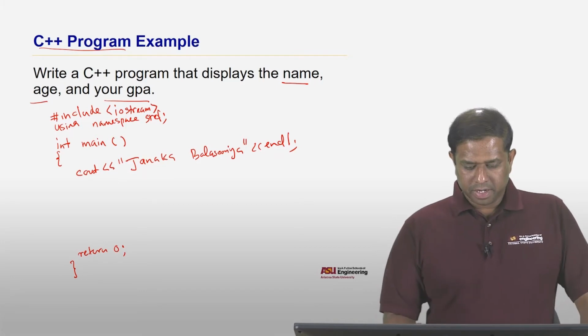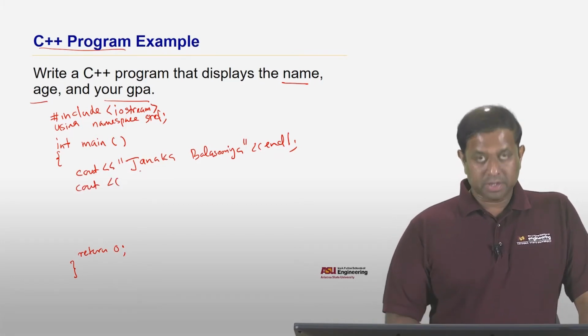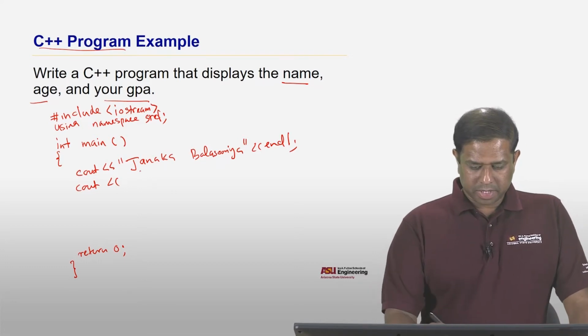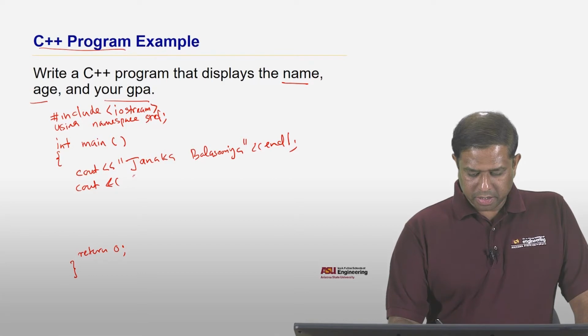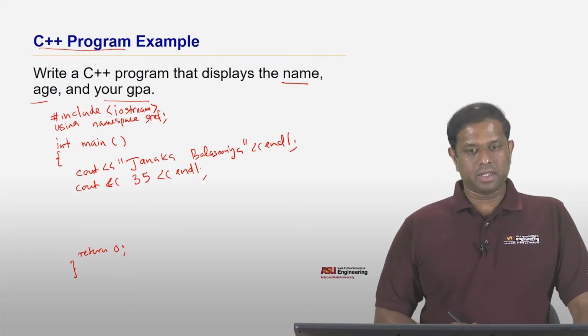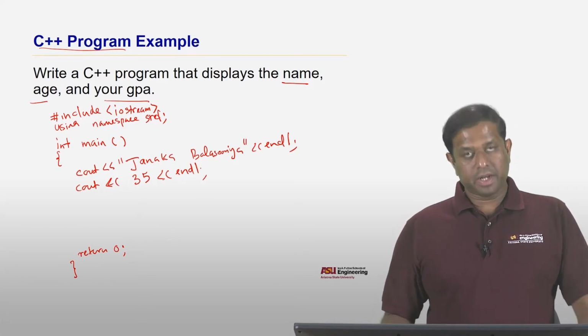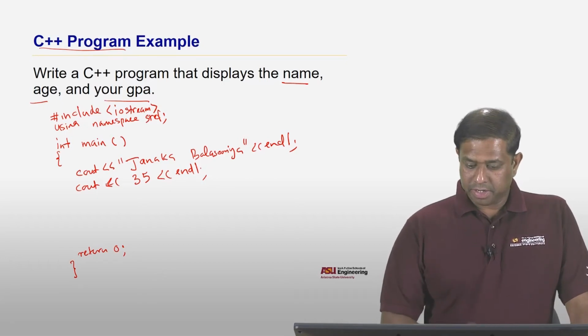After doing that, suppose I need to display the age. Age is a number, so I want to display something like age here. Since this is a number, we really don't need to put double quotes in there. Then age is displayed.